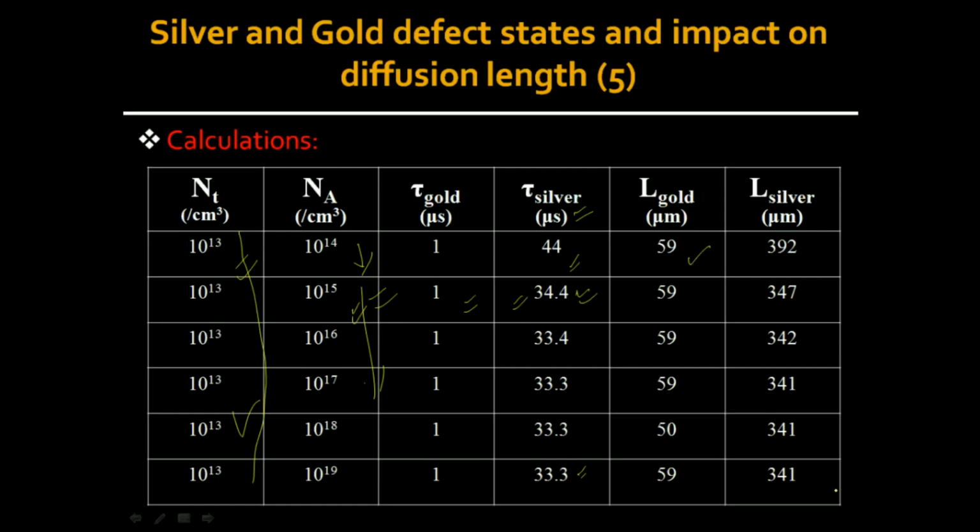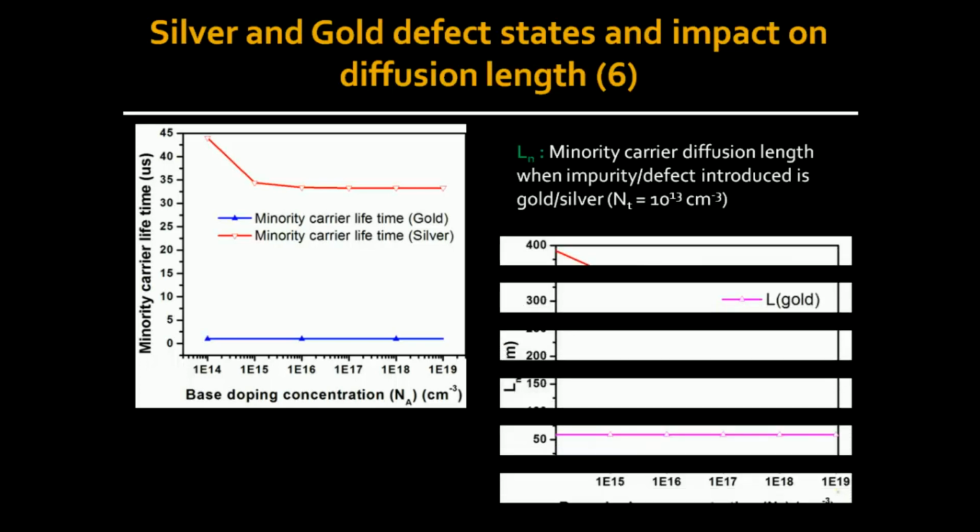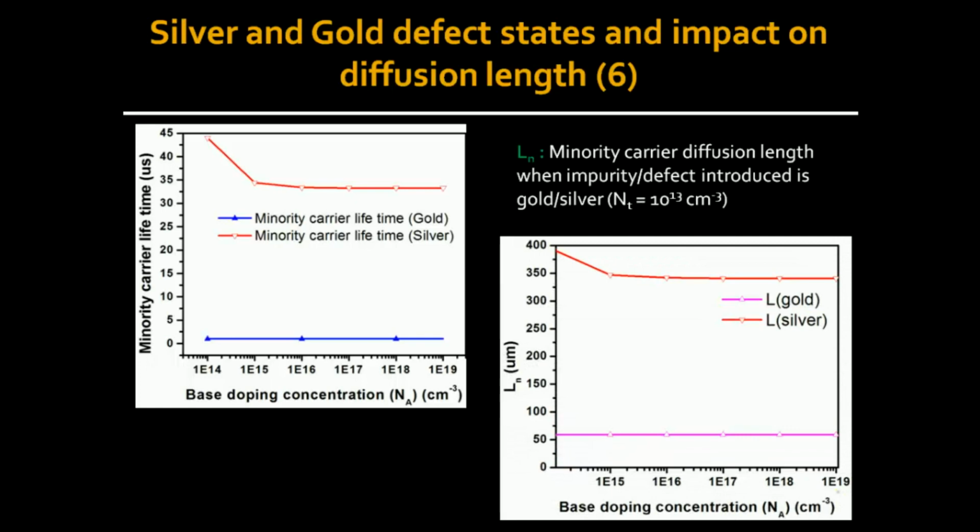And accordingly you will find the diffusion length, which comes down to 392, 347, and here it is much lesser for gold, even though the impurity concentration of gold is the same as silver. So this is the plot. You can see how the base doping concentration is varying and how the lifetime is affected with silver and gold, and in the same way the diffusion length, which is important to collect the electron-hole pairs.